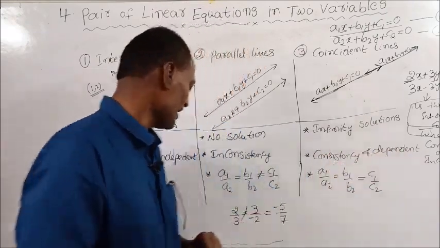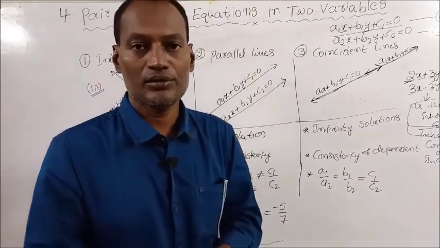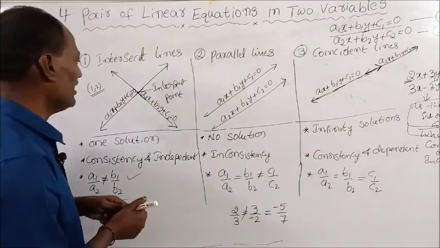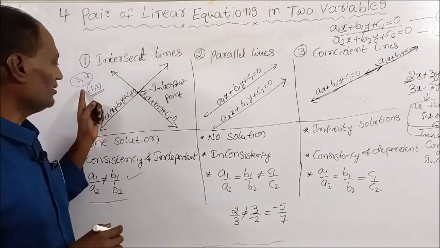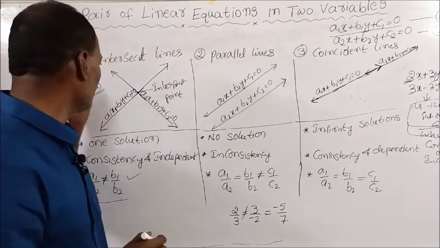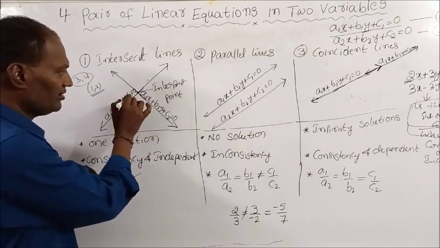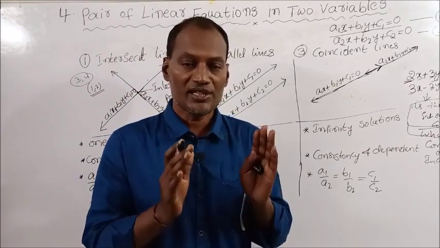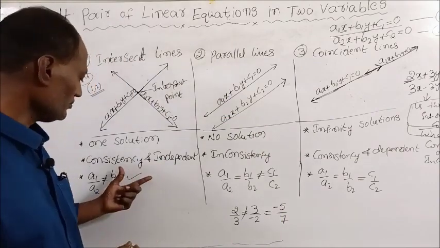The second thing is consistency and independence. What is the meaning of consistency? Consistency means that a set of values satisfies every equation. In these equations, one set of values should satisfy them, that is consistency.